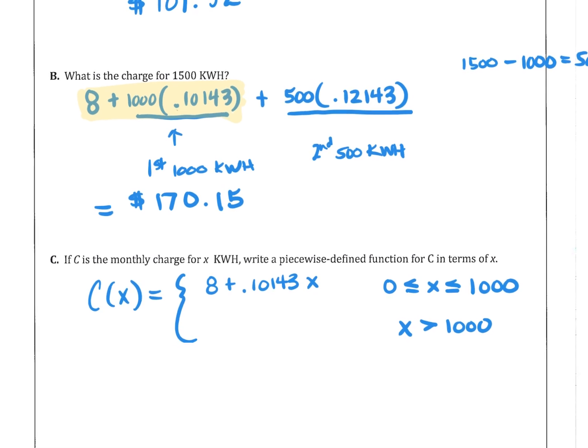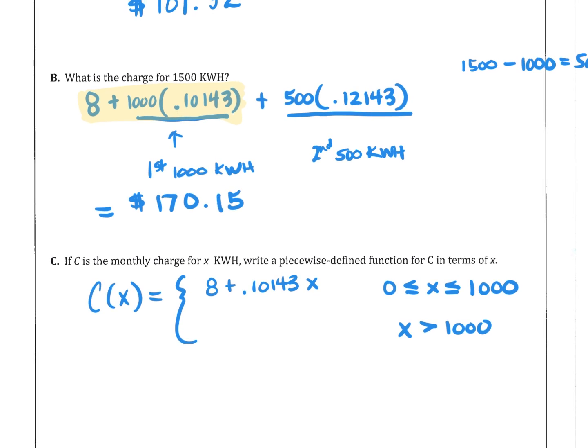Now the second equation is kind of interesting because the first one is kind of part of the second one, isn't it? Above 1,000, this amount is always the same, isn't it? So can anybody tell me what this amount is? What is 8 plus 1,000 times this? 109.43. So we're going to start with 109.43 and then add whatever this is, 0.12143.